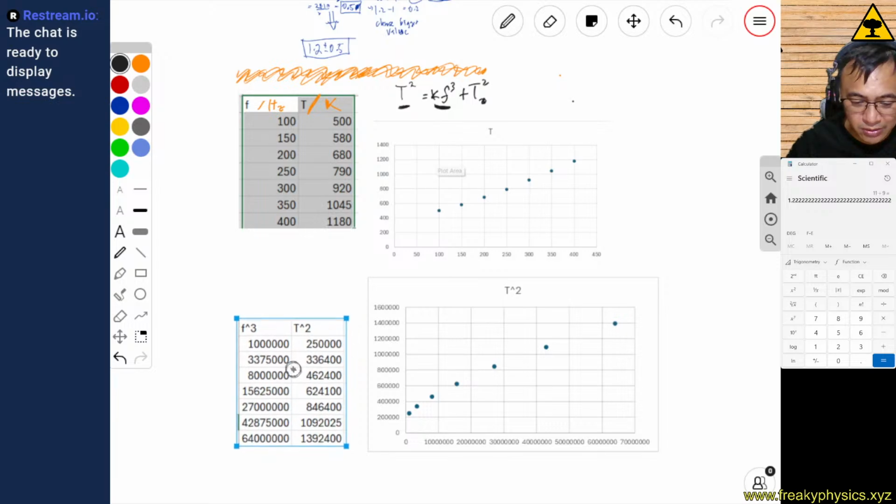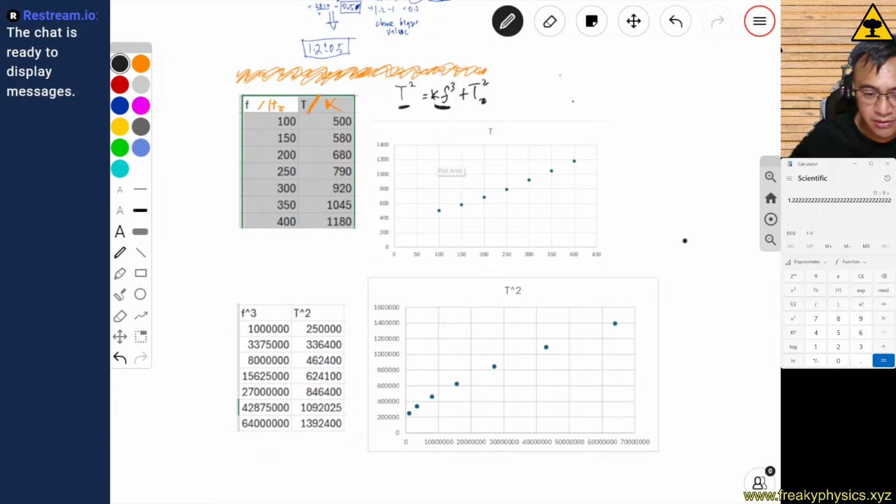What we did is we actually just followed our equation. Look here. This is what I mean. We have f here, but in our equation it's f cubed. So all I did was take f cubed. I took this, and I did 100 cubed. Similarly, this one's 100 cubed.